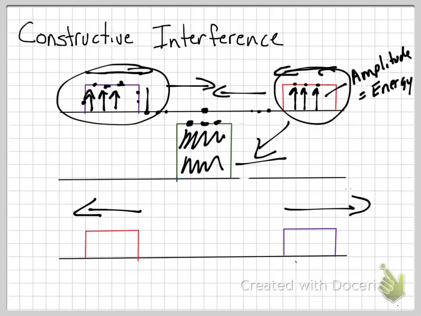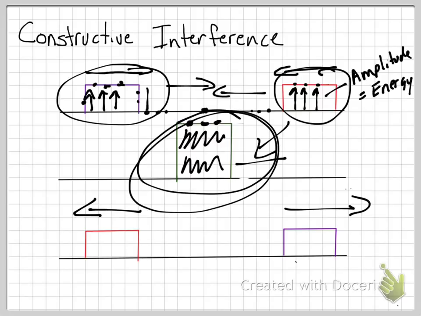And since the energies are going the same direction, you get constructive interference, which means that the particles temporarily, at this point where they meet, double the displacement perpendicular to the axis. Once the waves move across, they just continue in the same direction that they were originally.